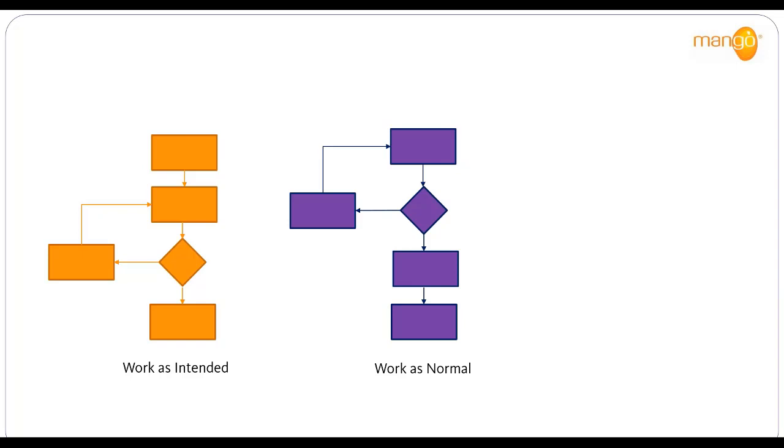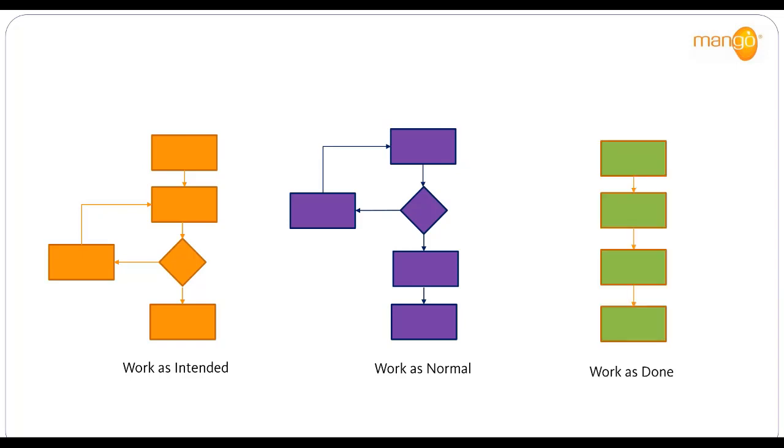But there's actually a third one, which is what was actually done at a particular moment in time. For example, if you have an investigation and an accident has occurred, or a major non-conformance has occurred, or something's gone wrong, there are three: what's intended, what's normally done, and what was actually done in the process.